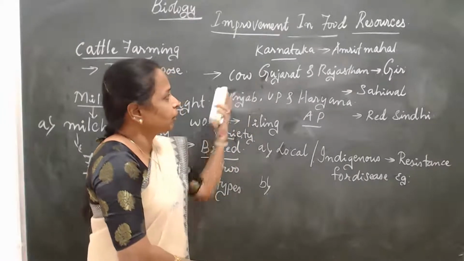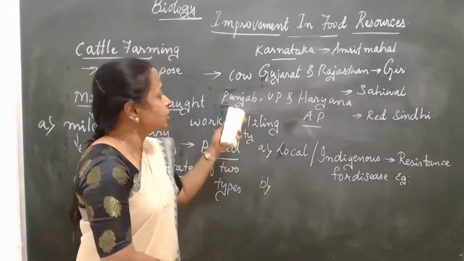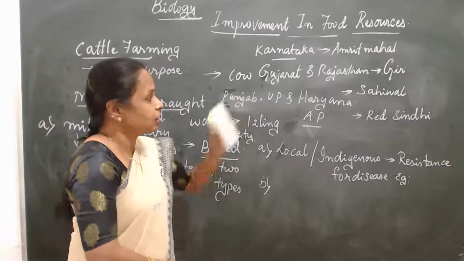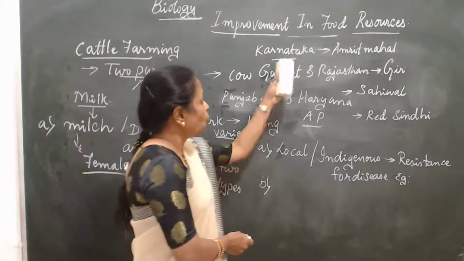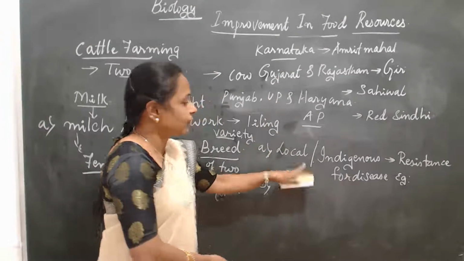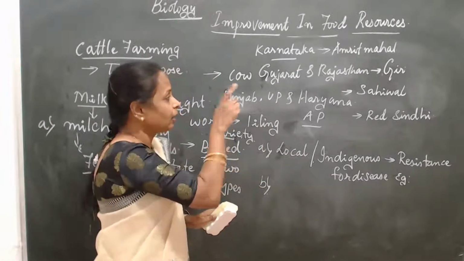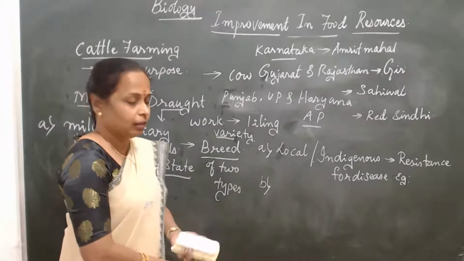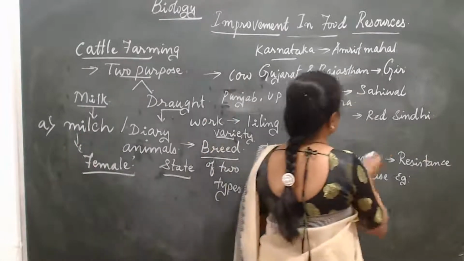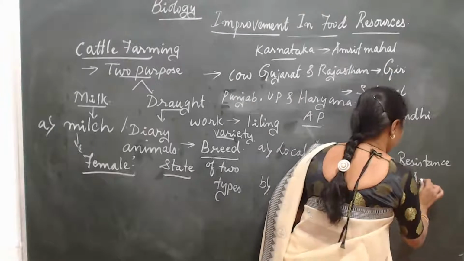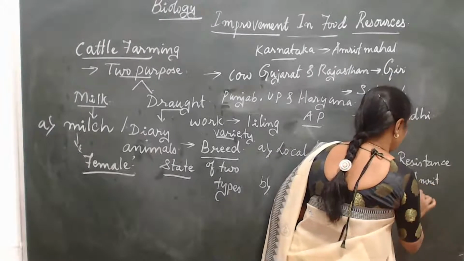What is the local breed of Karnataka? It will be Amrit Mahal. What is the local breed of a particular state, you can tell the breed. So what examples are given here? You can take the same example because you are indicating a particular state and dividing the animals there. So let me take again Amrit Mahal with respect to our state.